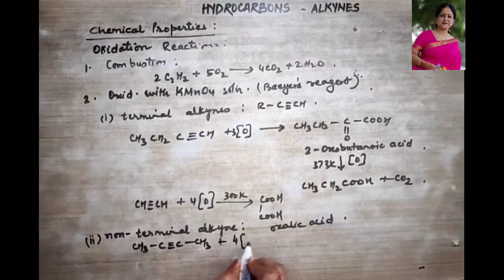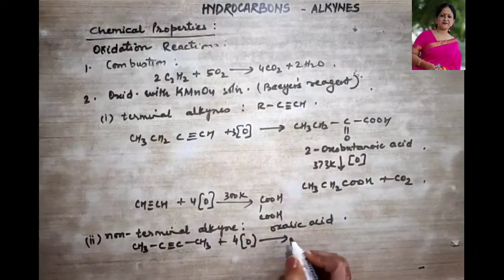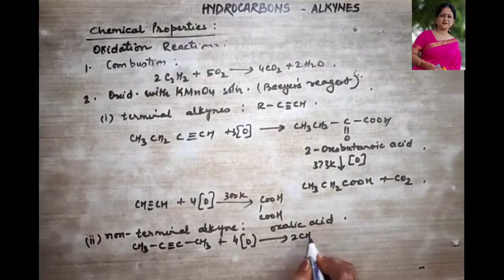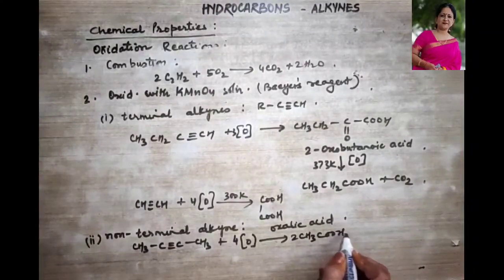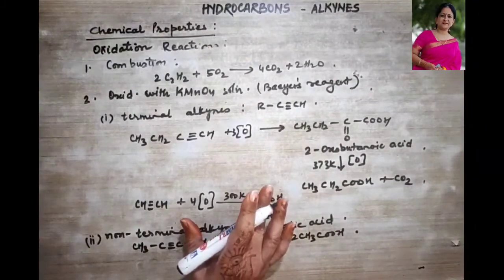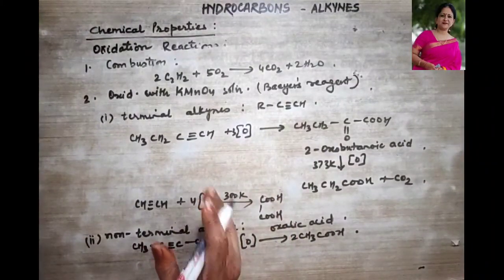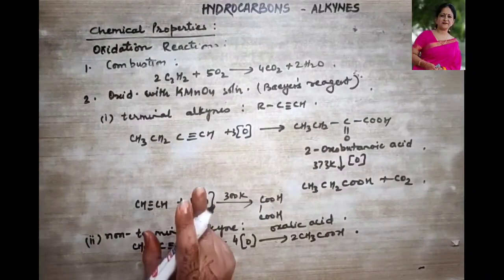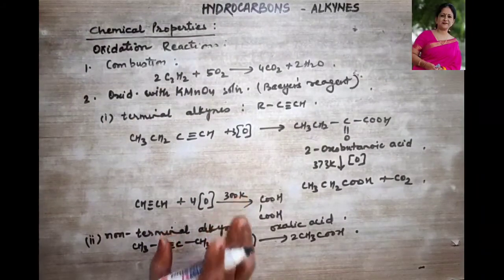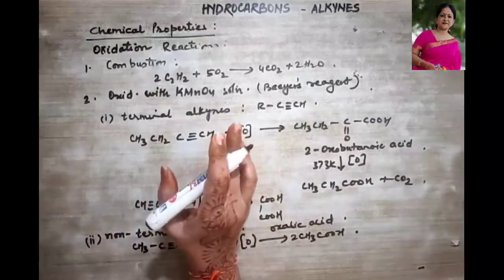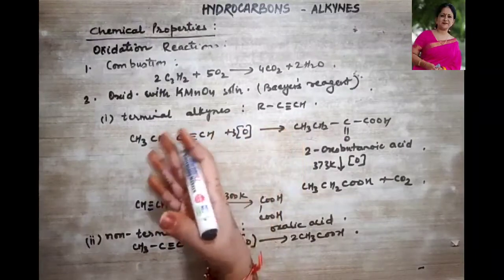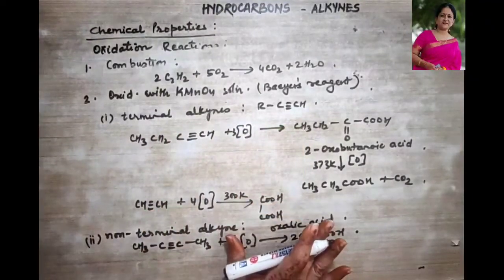When it is oxidized, it is going to straight away give us a carboxylic acid, that is, acetic acid will be formed. During oxidation with alkaline KMnO4, the pink color is discharged and a brown precipitate of MnO2 is also obtained, and this reaction is used as a test for unsaturated compounds like alkynes and alkenes.